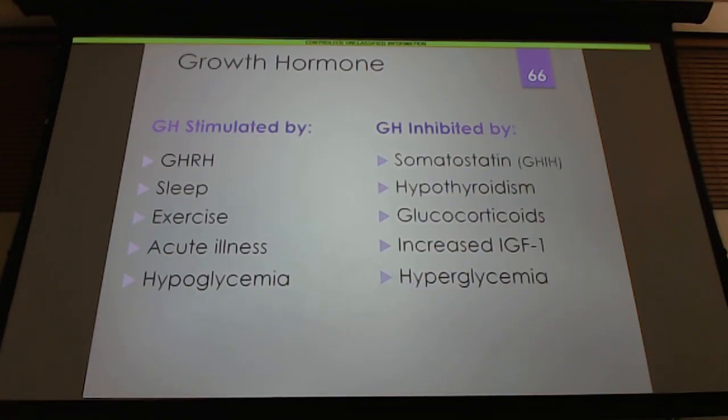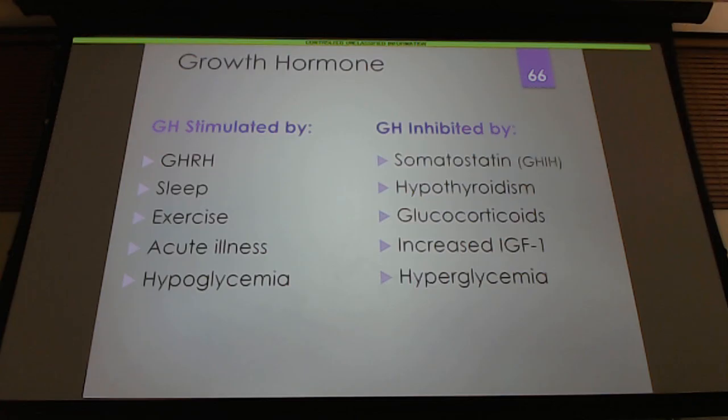It's important to understand what stimulates growth hormone and what inhibits it. So sleep, exercise. Sleep's important, right? If we get good sleep at night, the growth hormone can do its thing. Exercise triggers a release. If you're sick, you can have increased growth hormone. And then blood sugar, when blood sugar dips. Same on the opposite side.